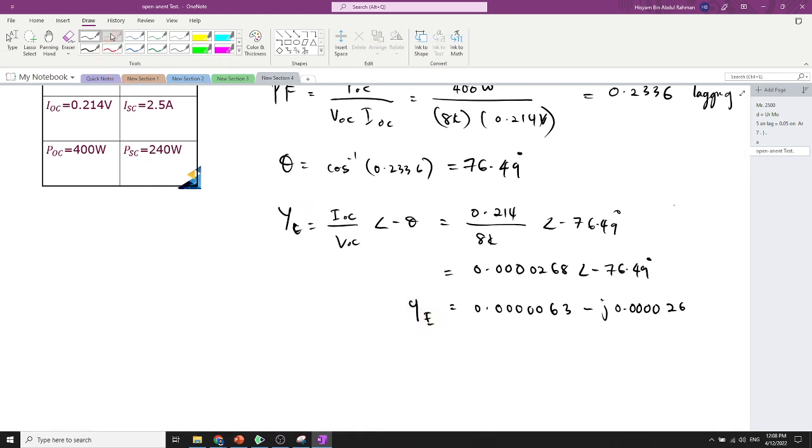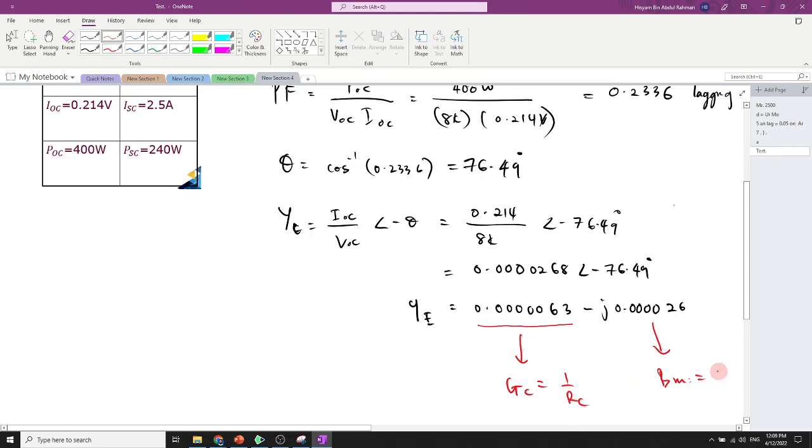Okay, so we know that this is the GC, and this is the BM. So now we calculate the GC, the X. We know this is 1 over RC and this is 1 over XM. So now we calculate the RC.